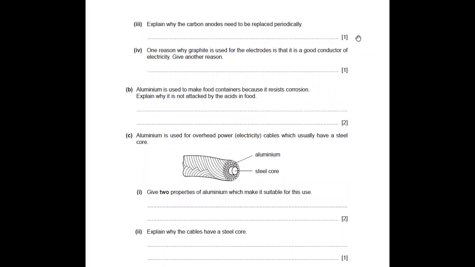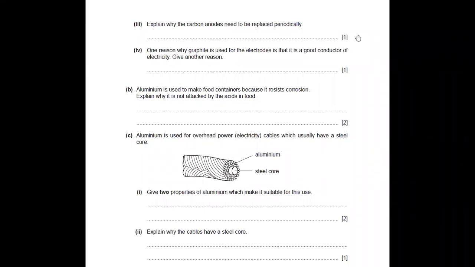Okay. Now take a look at part 3. They need to be replaced periodically because the carbon reacts with the oxygen and produces CO2, which will then wear off. So they'll need to be replaced. Good job. So the carbon anodes react with the oxygen, so the carbon anodes get worn off or used up.